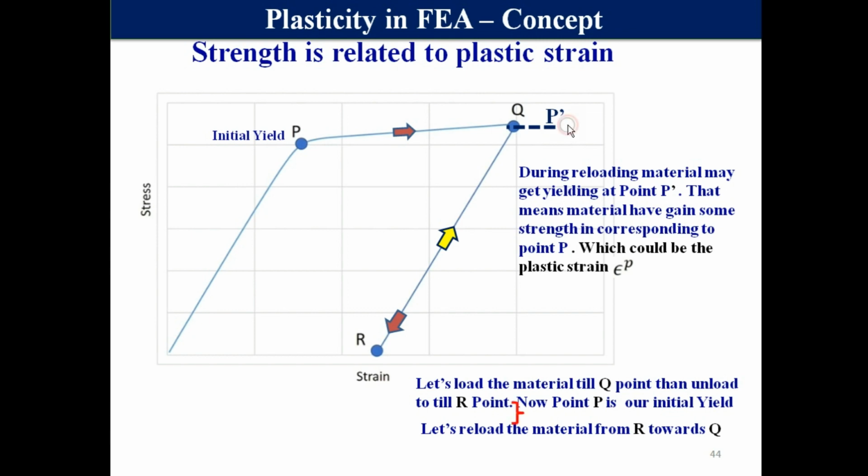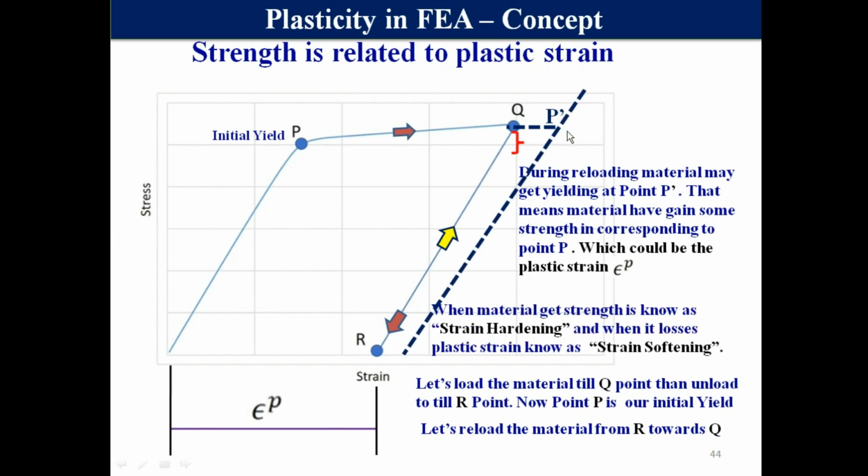That means the material has gained some strength compared to point P. So you can see, when you reload it, I'm just taking an exaggerated line over here. This P becomes P dash, and that's supposed to become here theoretically, but we got some more. The product gained strength here in the reloading. Now it completes the cycle, which could be your plastic strain, EP.